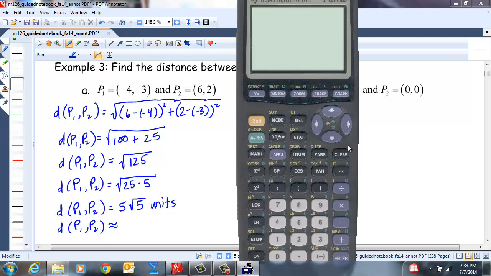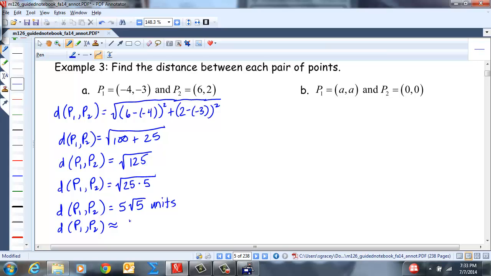But if you're using a TI-84, you'll have the same keystrokes, I believe. So here we go. We want to do 5 times the square root of 5. Those are the keystrokes to enter. And then we'll get a result of approximately, we'll go to the nearest 100, and I believe we got 11.18 units.